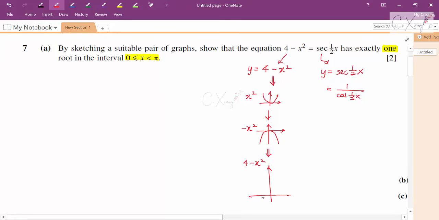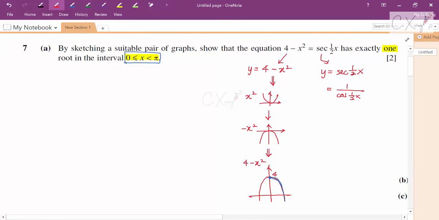So the maximum point will be at 4. Because the interval given is from 0 until pi, later when you sketch it, we will only consider the part of the graph from 0 until pi. This is what you have for 4 minus x squared.